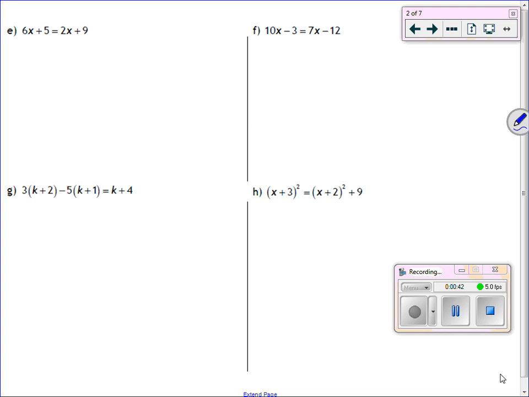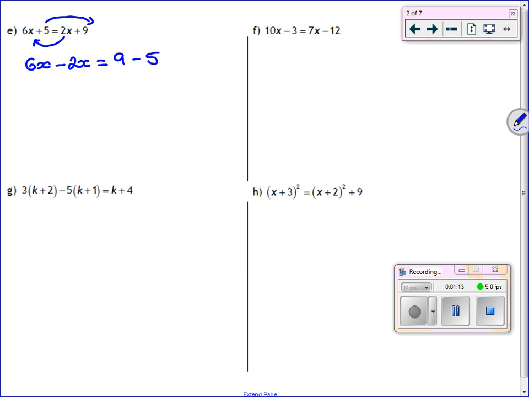So for this, 6x plus 5 is equal to 2x plus 9. I'm going to take the 5 over to the right hand side, and I'm going to take the 2x over to the left hand side. That will give me 6x that's already there, take away 2x is equal to the 9 that's already there, take away 5.